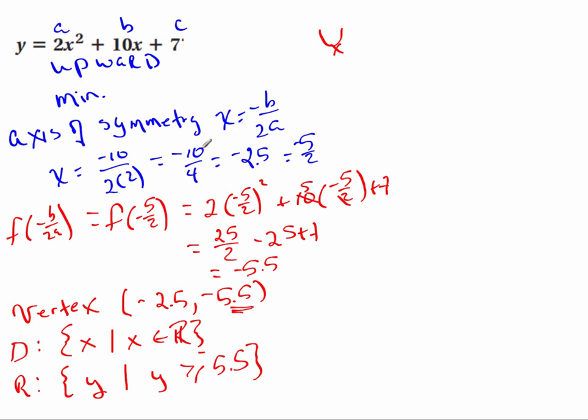If I wanted to know the y-intercept, I could plot that point as well. It is just when x is 0. So the y-intercept is 0, 7. Please remember the y-intercept is 0, c.